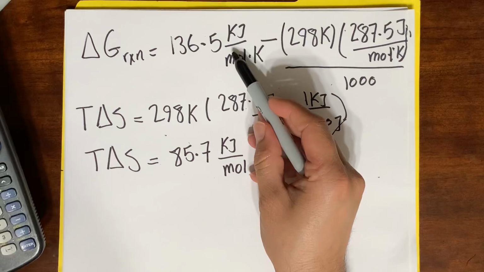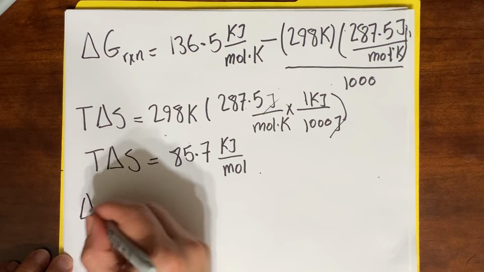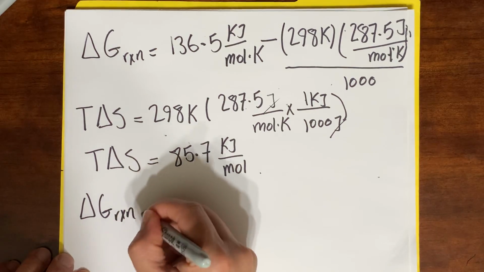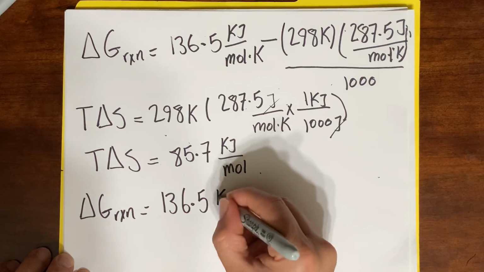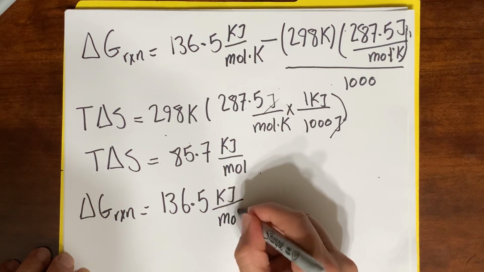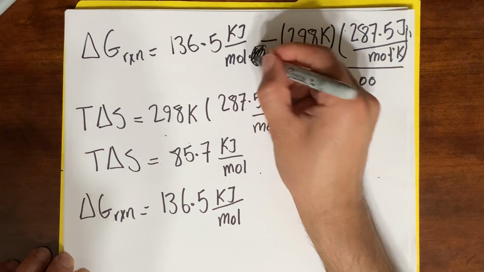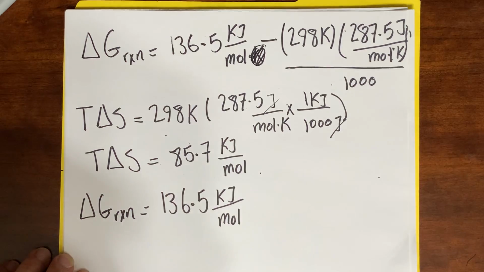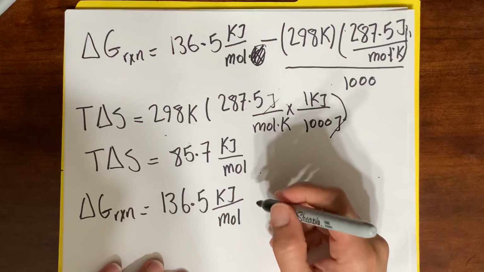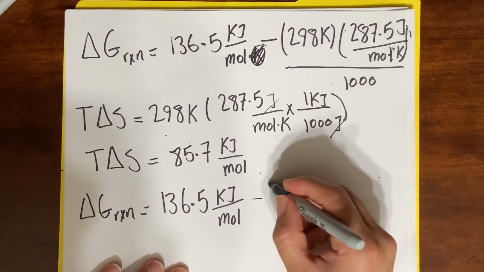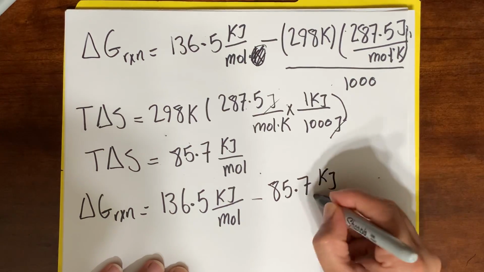Now I can subtract it from the first one. So I go with delta G for the reaction. First one, 136.5 kilojoule over mole. Sorry, why did I write this one Kelvin? This is wrong. Mole, minus 85.7 kilojoule per mole.